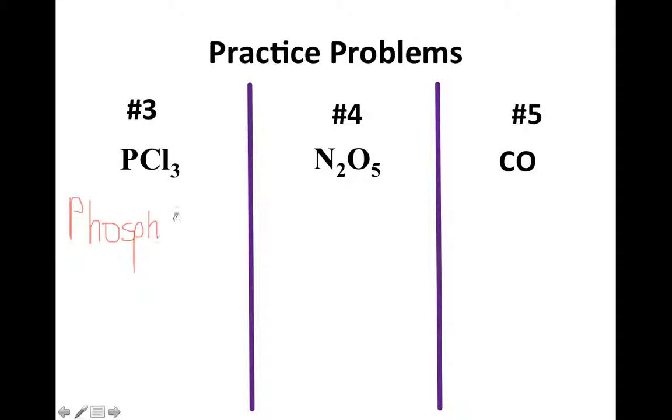Remember, refer to your periodic table to get the correct spelling on this. And the second one is chlorine here, but we're not going to call it chlorine, we're going to call it chloride. But because it has that subscript 3, we're going to use the prefix tri. Trichloride.